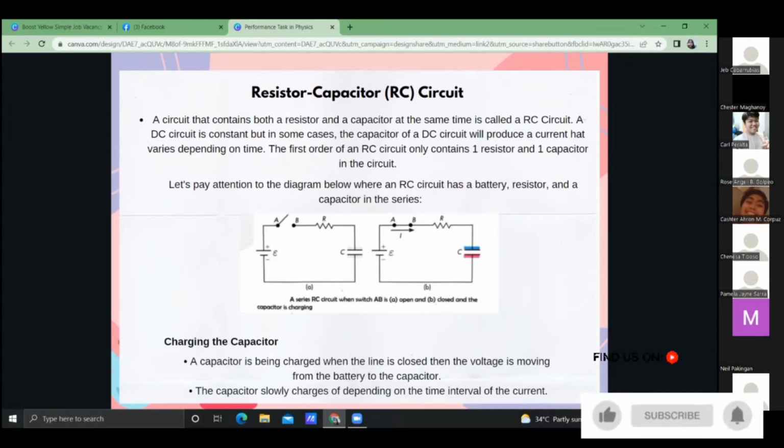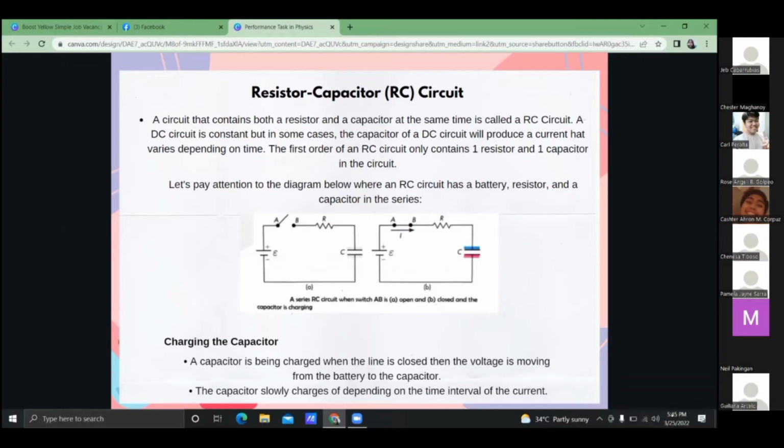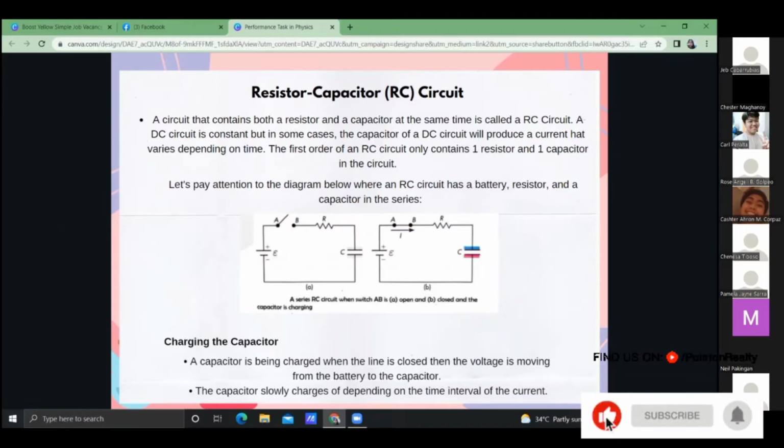As we can see in diagram A, the RC circuit has an open switch. Therefore, the current isn't flowing from the battery to the resistor and the capacitor. As for diagram B, the switch is closed. Therefore, the current is flowing from the positive terminal of the battery, across the switch into the resistor, and then into the capacitor.